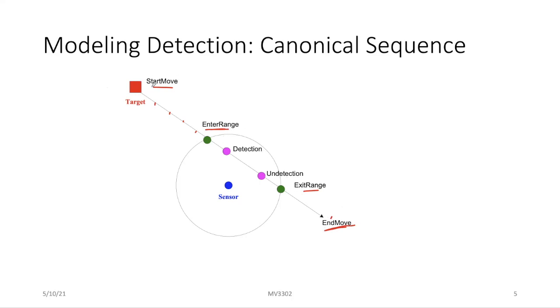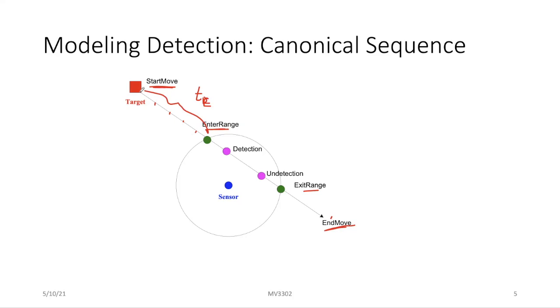In other words, if we can identify when this start move occurs, can we calculate how long it takes, say, the time to detect from when the target starts its move, not actually the time to detect, the time to enter.